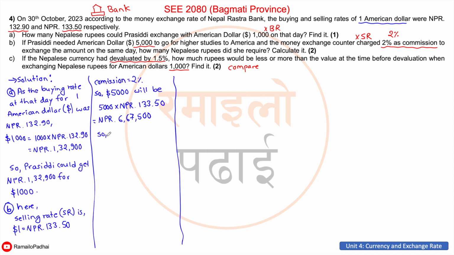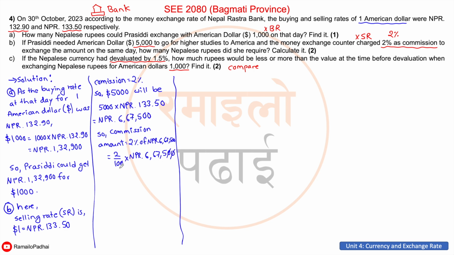So the commission amount is equal to 2% of NPR 6,67,500, which is equal to 2 by 100 times NPR 6,67,500.